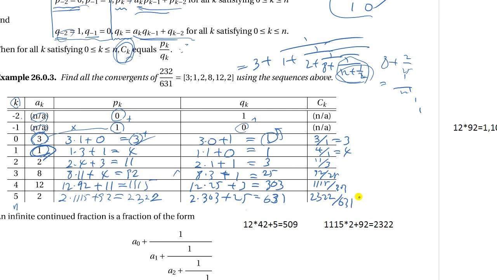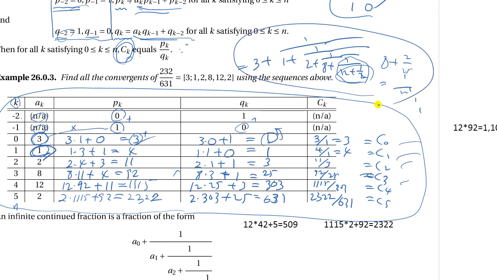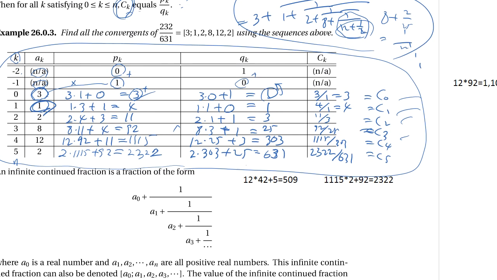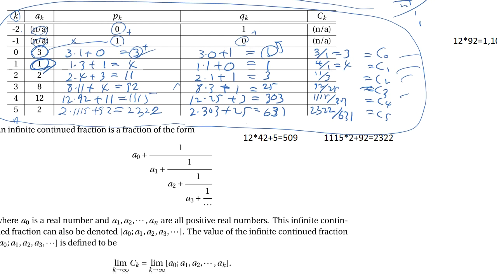Those are C sub 0, C sub 1, C sub 2, C sub 3, C sub 4, C sub 5. So as you can see, we spent about the same time, but we got all of them, not just one single value. So this table method is quite effective for finding all these convergent values.